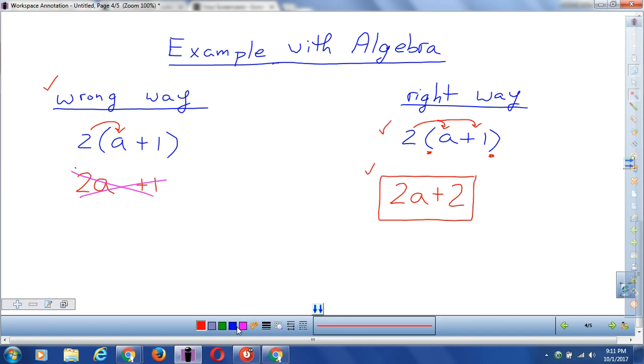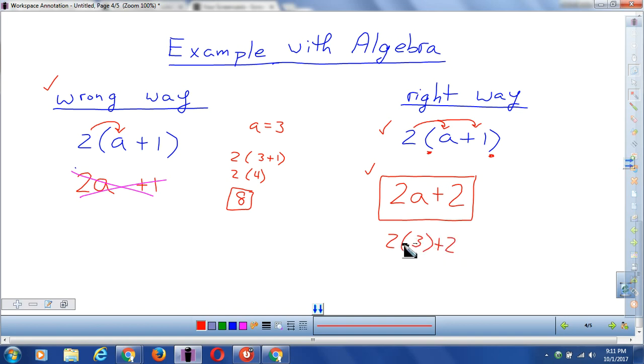And if you want to test that out, you could put a number in. Let's pretend that A equals 3. Well, if I did 2 times 3 plus 1, I would get 2 times 4, and that would be 8. Or I could do this expression, 2 times 3 plus 2.